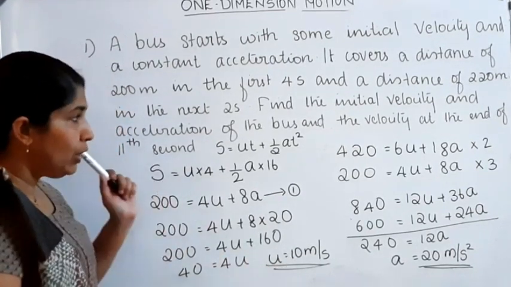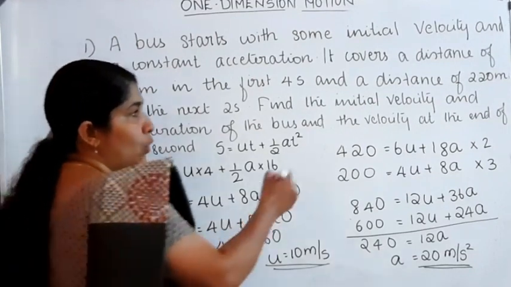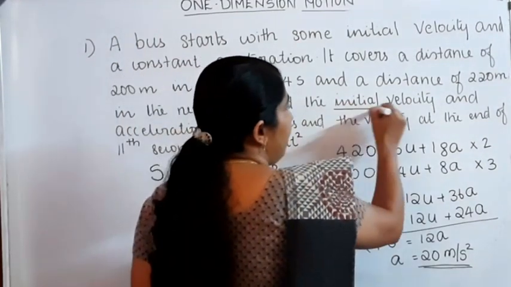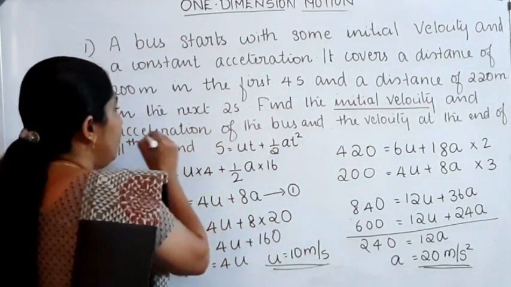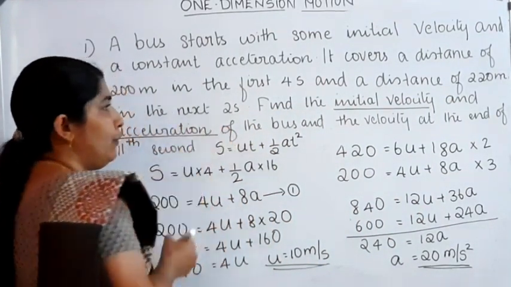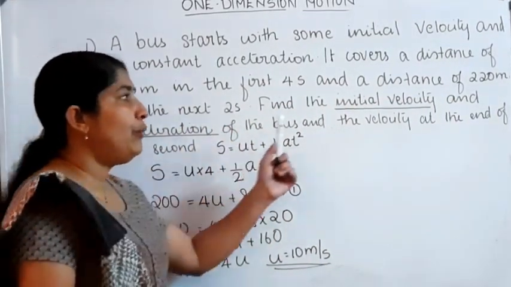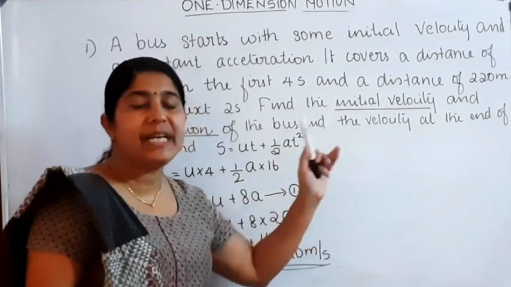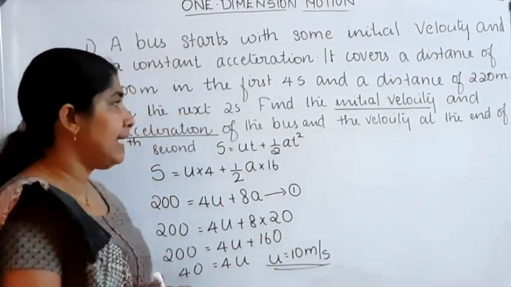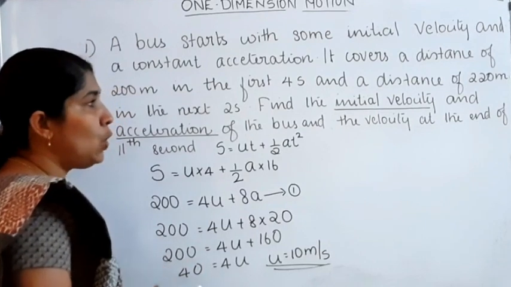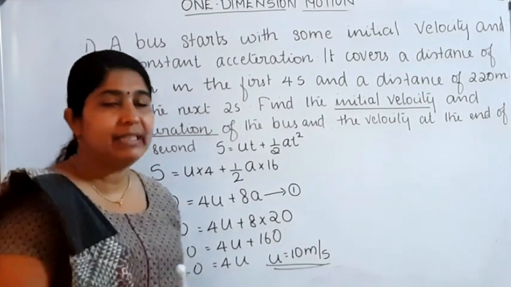Now we got two answers: the initial velocity, and the acceleration of the bus. Now we want to find the velocity at the end of the 11th second.